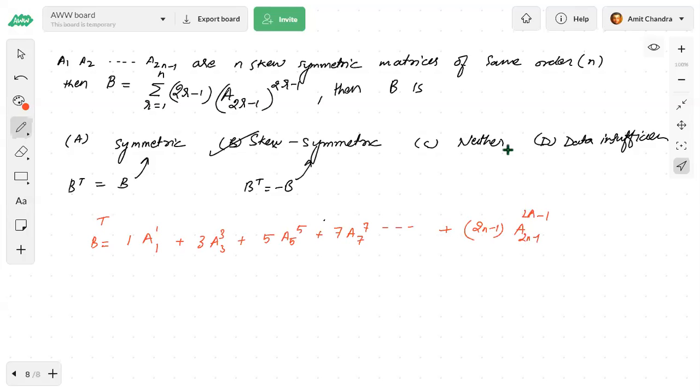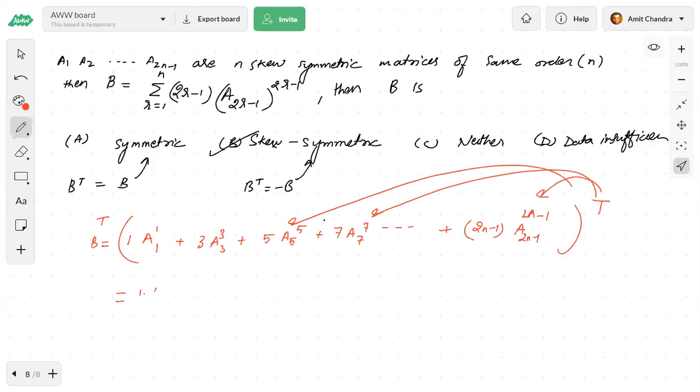If I take the transpose of this, it will be the whole transpose. Transpose can be taken for individual matrices separately because these are all added up. So this will be 1 into A1 transpose, plus 3 into A3 cubed transpose, plus 5 into A5 to the power 5 transpose, plus 7 into A7 to the power 7 transpose, and so on. Every transpose will give you a minus.